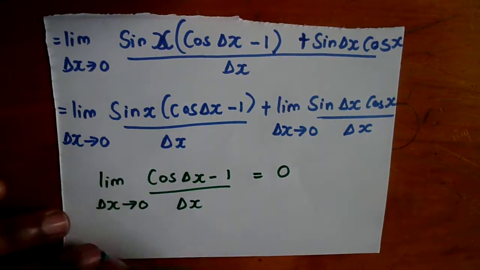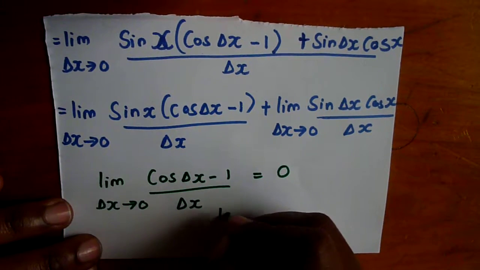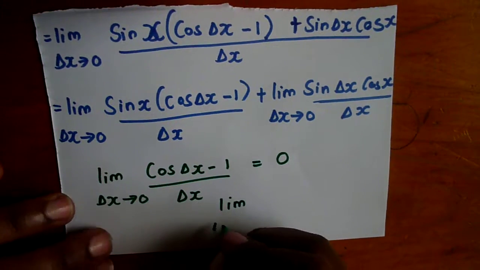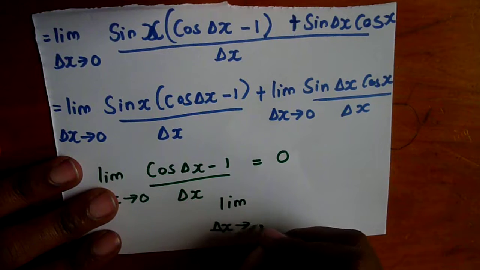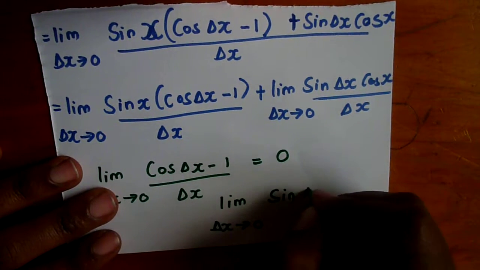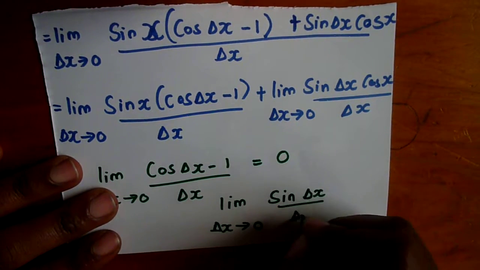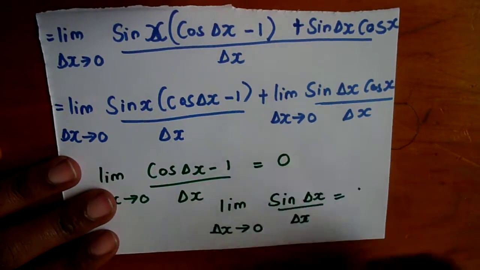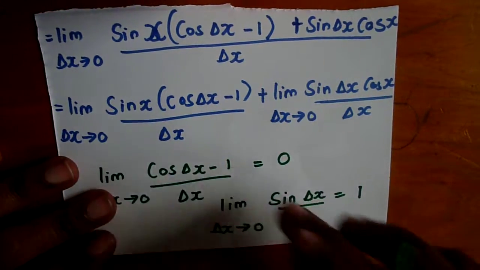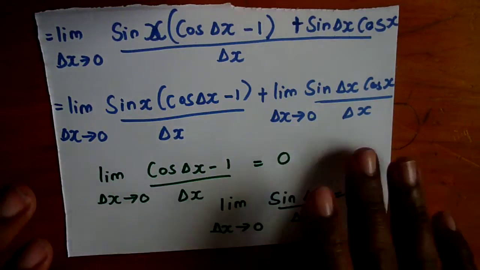This is proof for that. And also the limit as change in x tends to 0 of sine change in x all over change in x is 1. This is proof of this, so just look at the next video on limits.